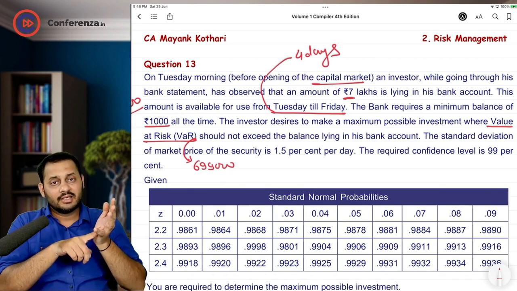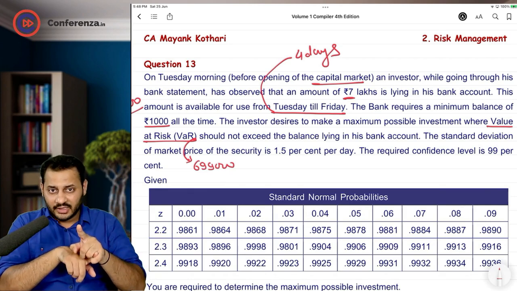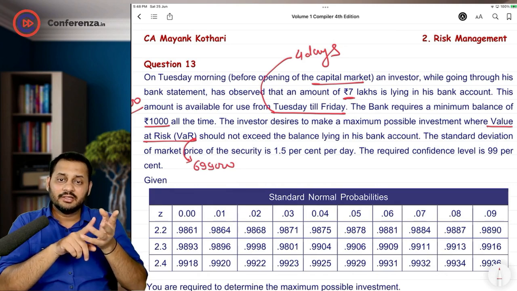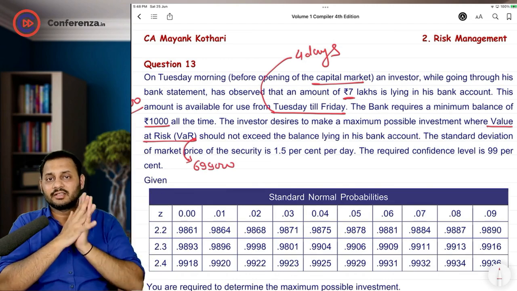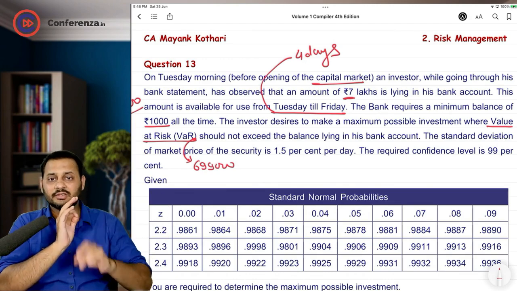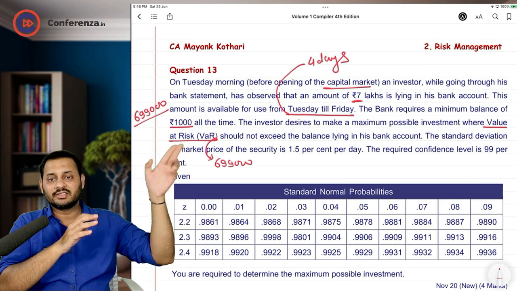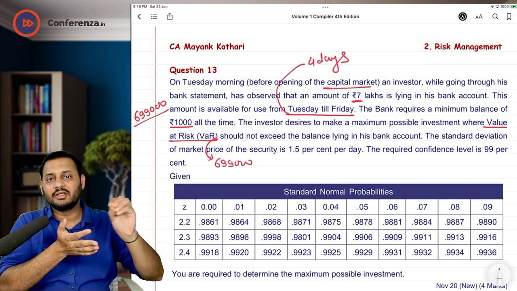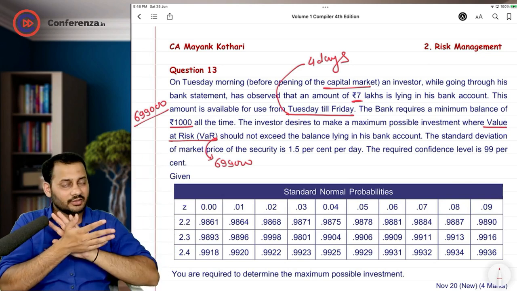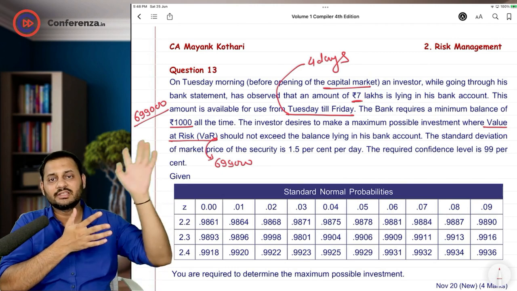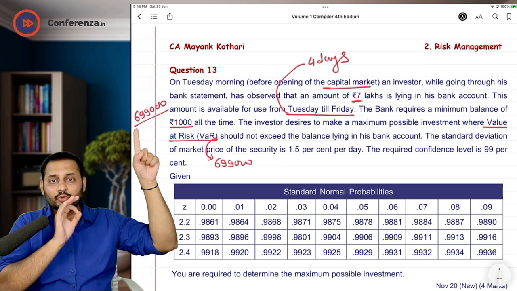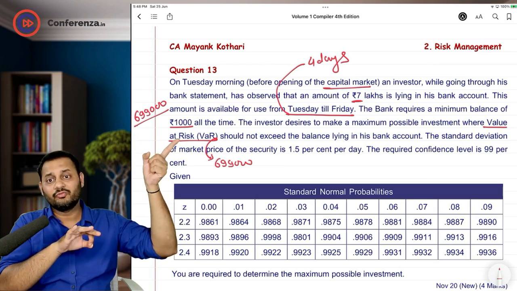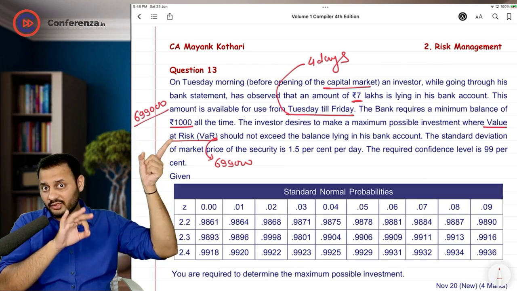The balance in the bank account is 7 lakh, but the balance for bearing this loss is only 6,99,000. So this is the difference. You cannot say that if the bank balance is 7 lakh, then the VAR should also be 7 lakh. The VAR is only 6,99,000, because this is all the balance we have in the bank account for the loss.